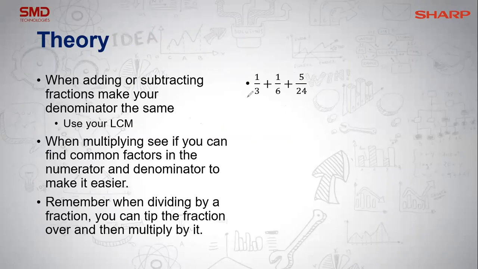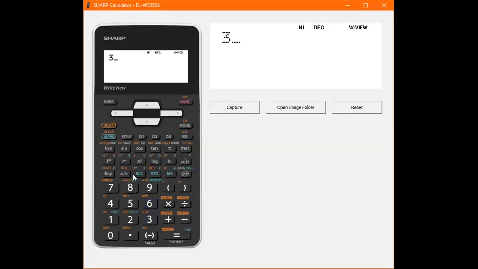Okay, so here we can see that, or let's just check it quickly on the calculator. We've got 3 and 6 and 24. So our lowest, oh, sorry, I said GCD, that was a mistake. Lowest common multiple, there we go. 24.